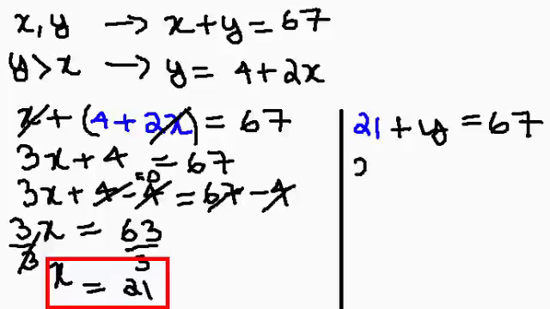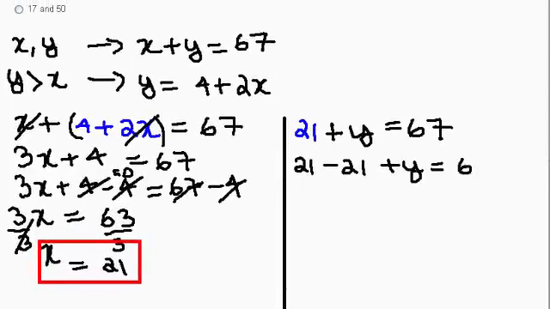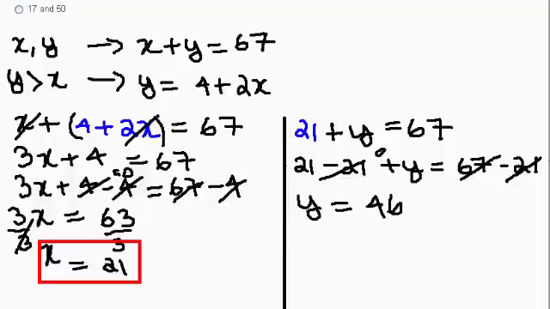So again, we've got our 21 minus 21 plus y is equal to 67 minus 21. 21 minus 21 is simply equal to 0, so we are left with y is equal to 67 minus 21, which is equal to 46. And so this leads us to the second part of our variable. So y is equal to 46, x is equal to 21.